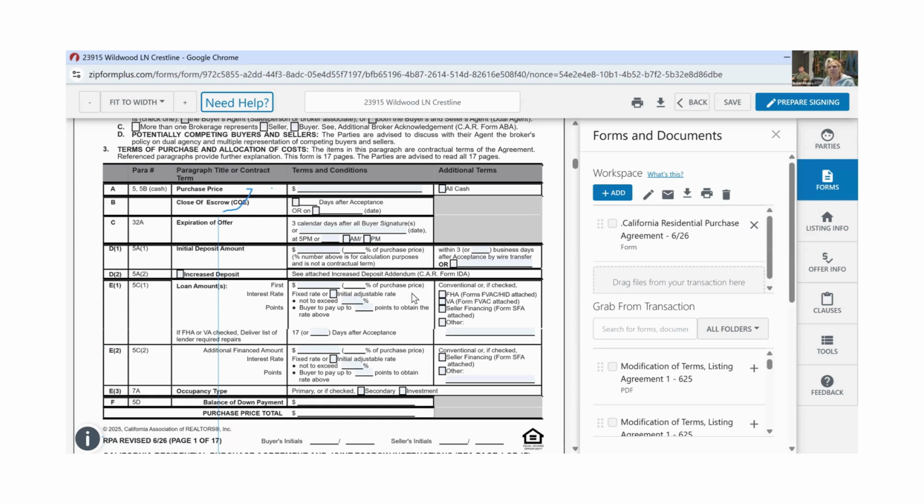But what you can also do is when you hop over here to the additional terms, you can check the other box here and then just type in preliminary approval, so that it kind of states, look, this is what we're working with, but it might not be the final situation.